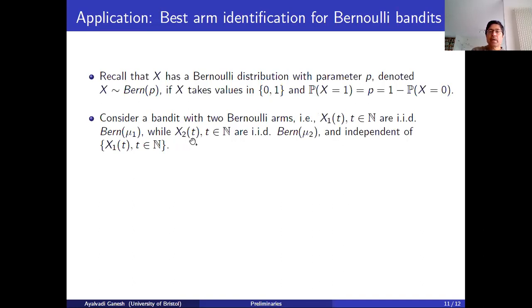And the rewards x2t on the second arm are also IID, Bernoulli with a different parameter mu2. And the rewards on the 2 arms are independent sequences. So knowing that you got a certain reward playing the first arm at time 3 tells you nothing about what your reward would be if you played the second arm at time 8. Okay, so that's the setting.